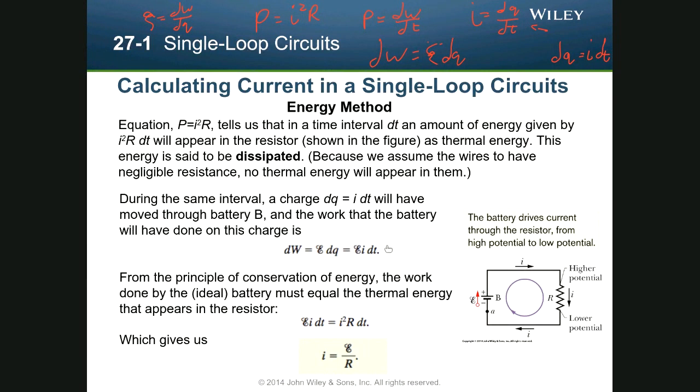Now, we have a work equation, and so from conservation of energy, the work done by the ideal battery, which is this, must be equal to the thermal energy that appears in the resistor. So now we get back to the power: power dissipated thermally, work done by the resistor.